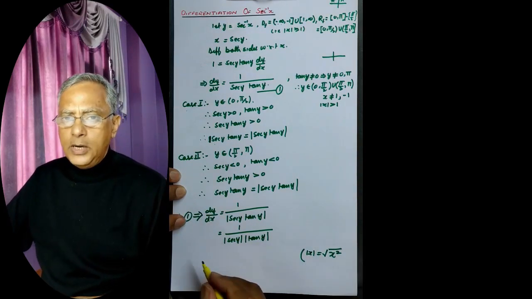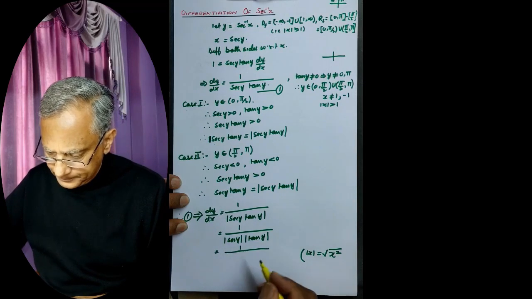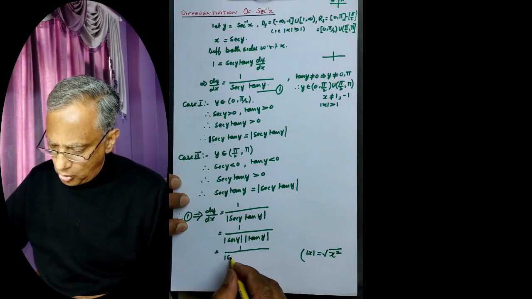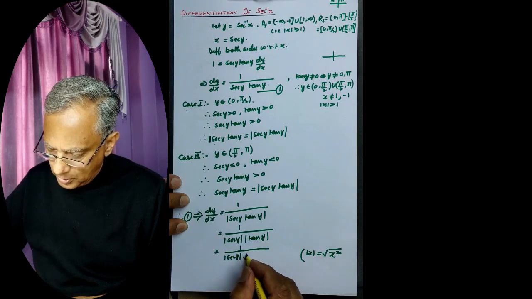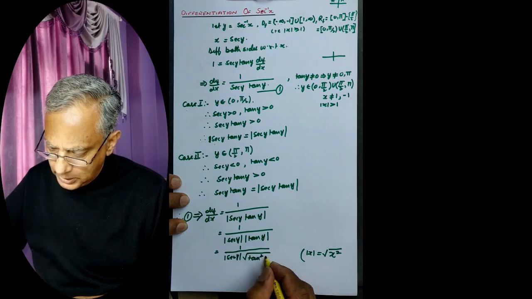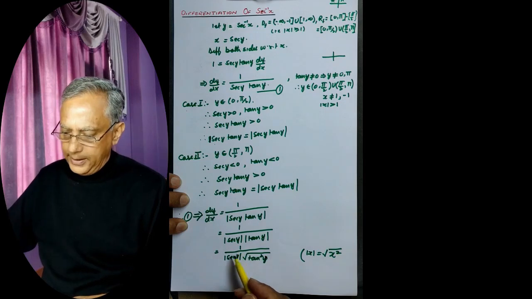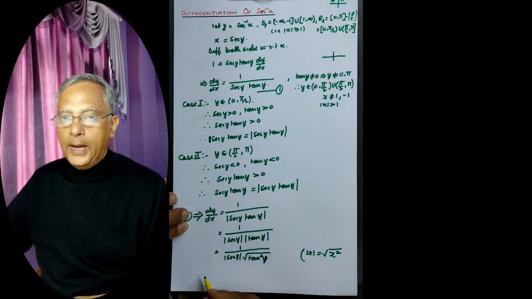So this is equal to 1 upon mod of secant y under root tan square y.